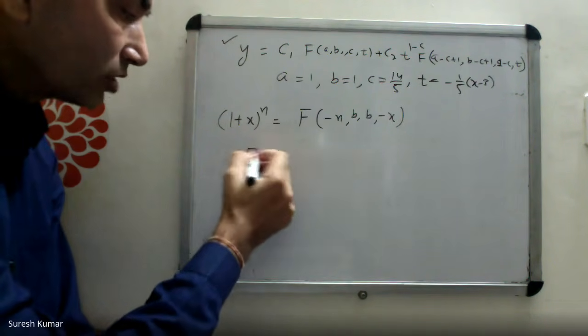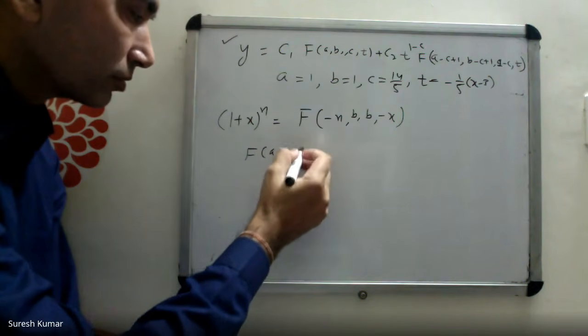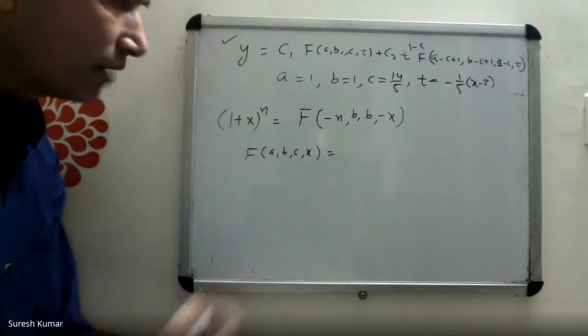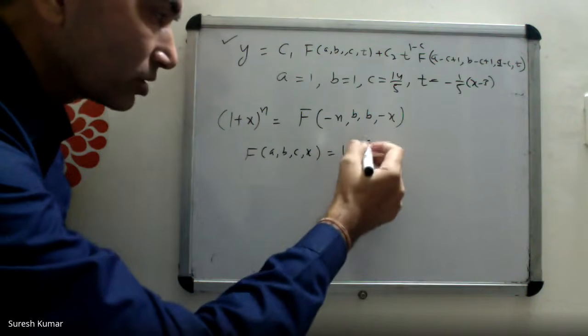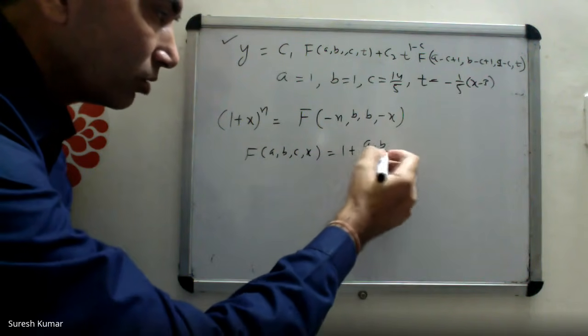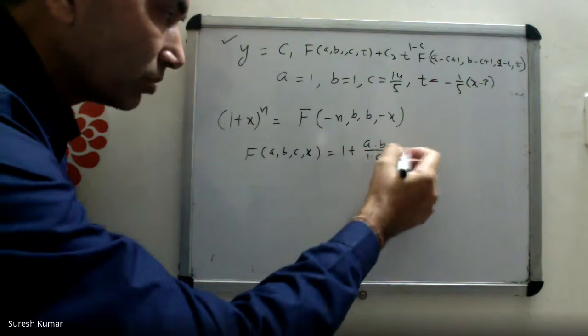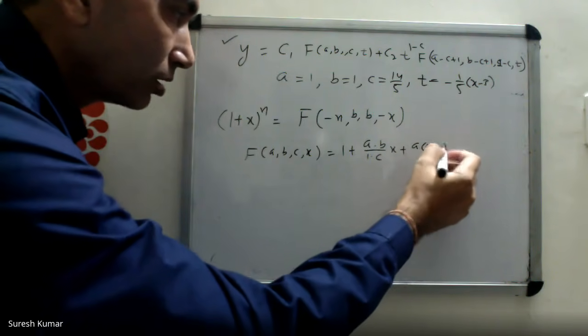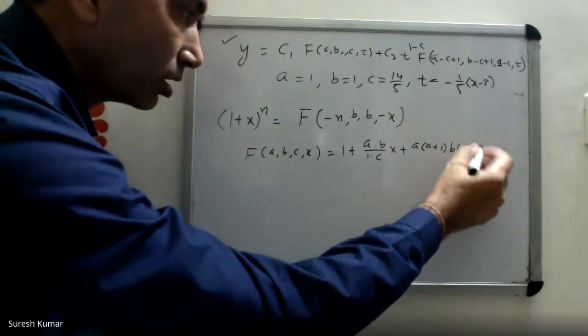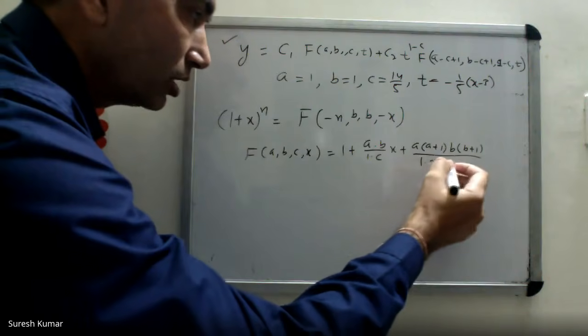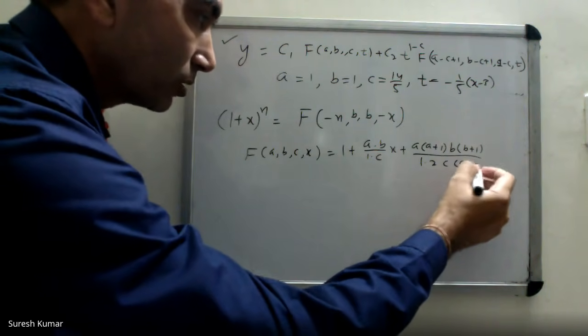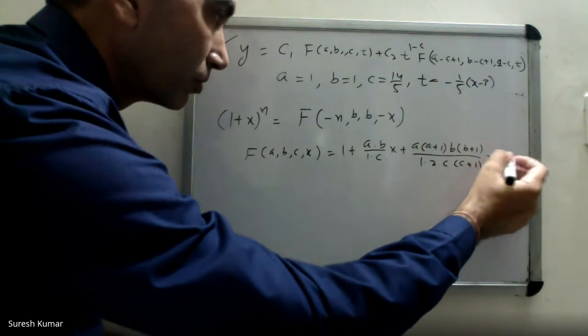First, you should know what F(a, b, c; x) is. F(a, b, c; x) is 1 plus (a times b) over (1 times c) x plus a(a plus 1) b(b plus 1) over (1 times 2, c(c plus 1)) x square, and so on.